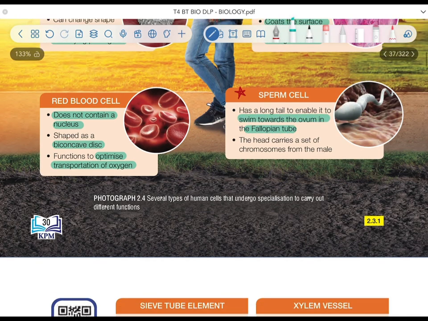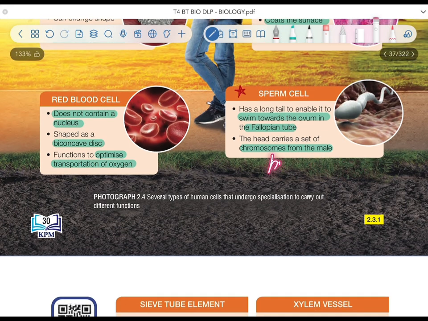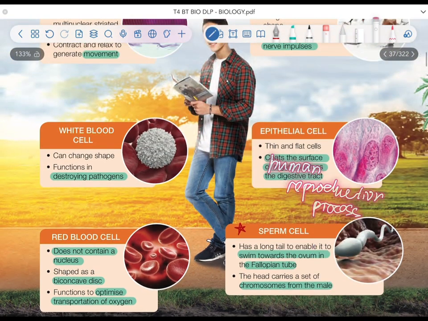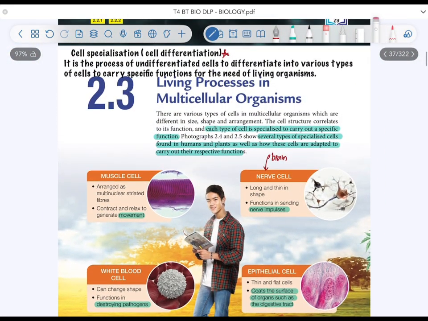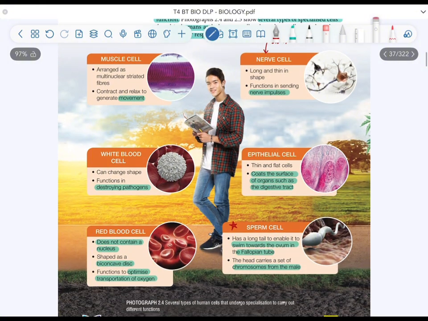We know that the function of the sperm cell is to fertilize the ovule to form a zygote. This is for the human reproduction process. This is all for the examples of specialized cells in animal cells.